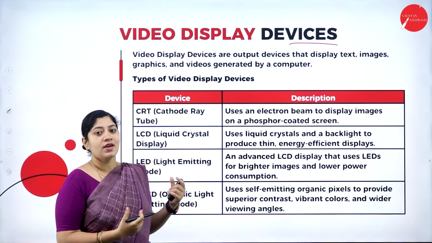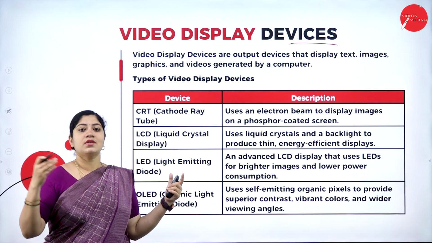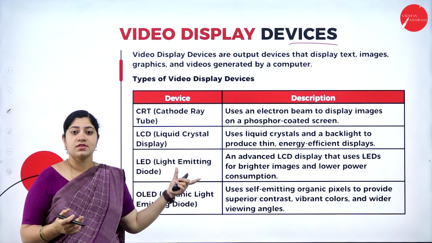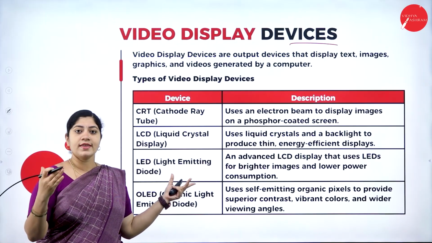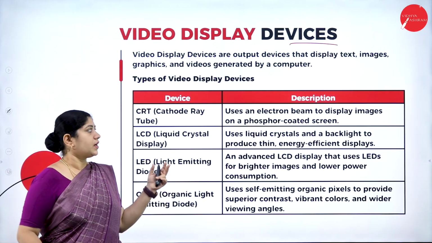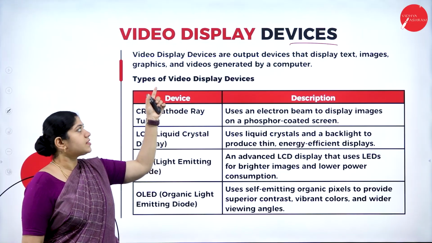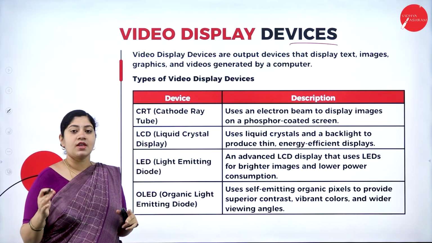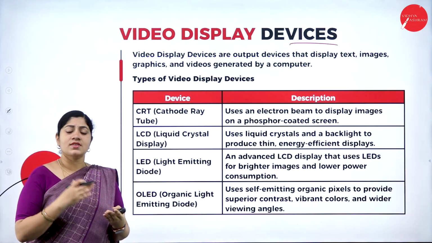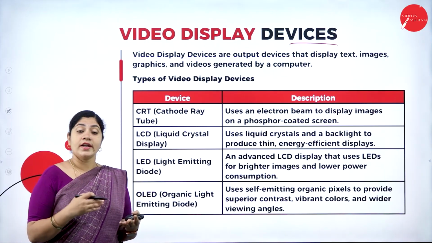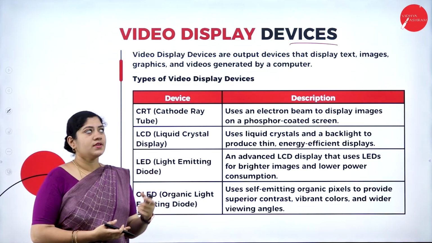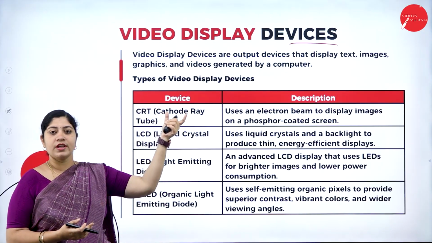So that's why we have to study the various types of monitors as well as the devices that are being utilized to display that efficient graphic. Clear? So in simple words, we can say that video display devices are output devices that display images, text, graphics, videos that are generated by the computer. So that is nothing but our simple video display devices.